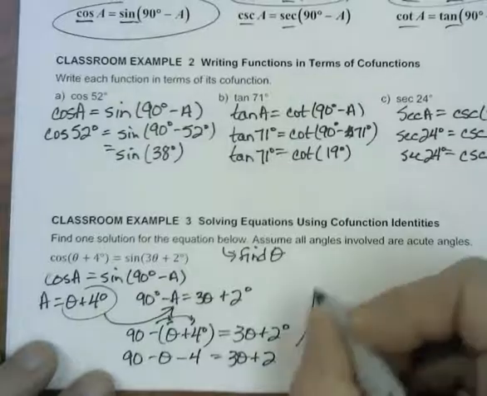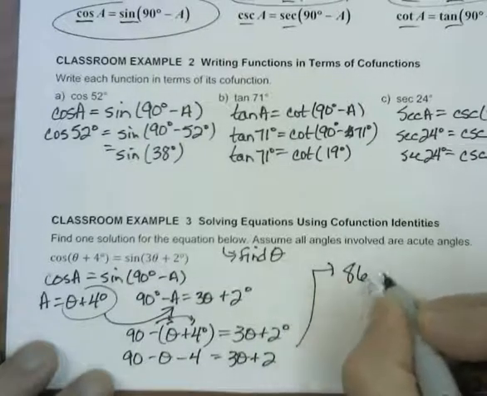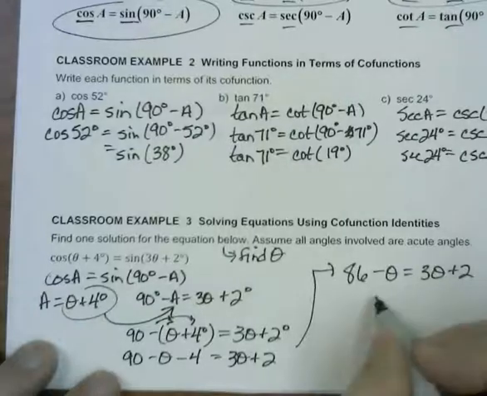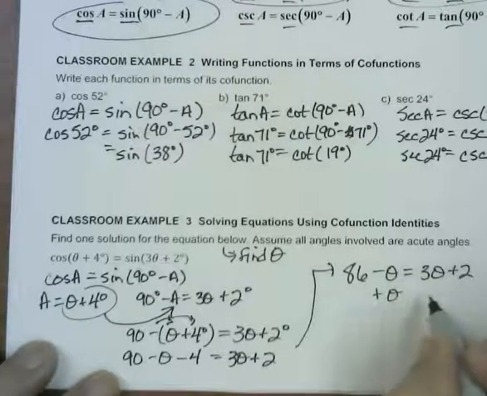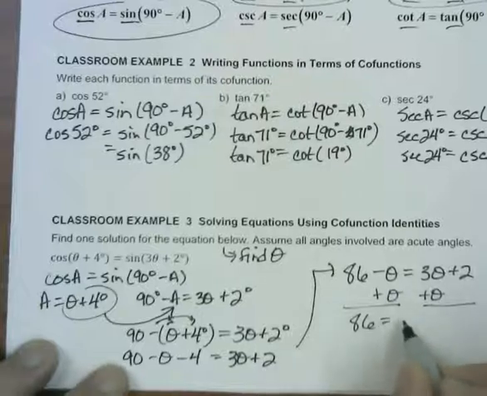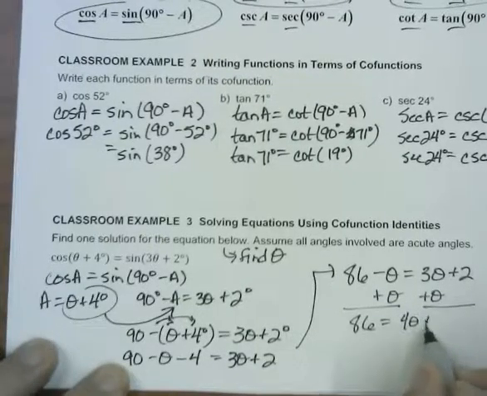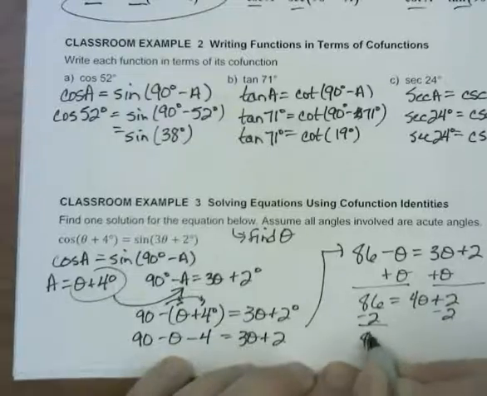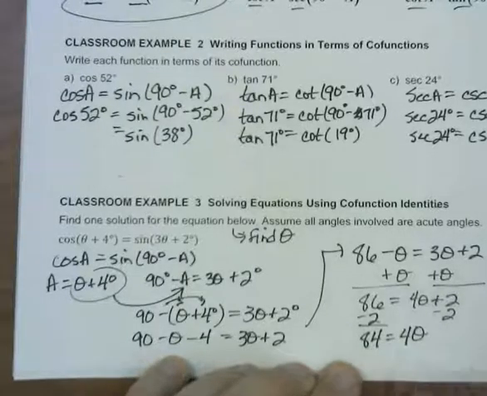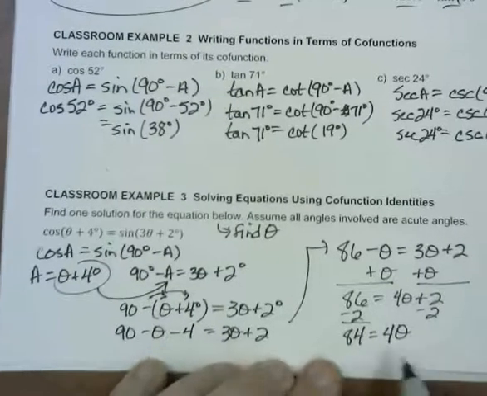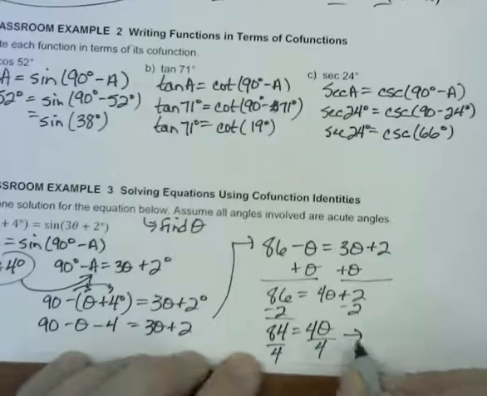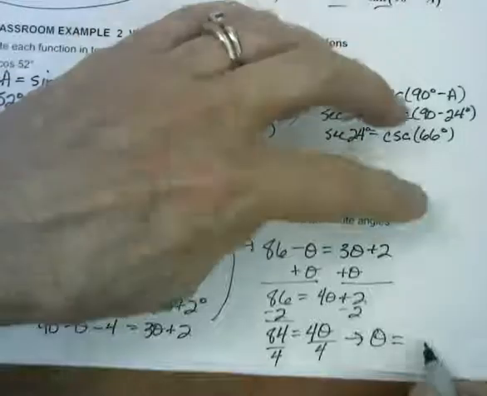I can simplify on this side. That gives me 86 minus theta. I'm going to add theta to both sides. Then subtract 2 from each side. And then finally I can divide both sides by 4. So that's going to give me theta equals 21 degrees.